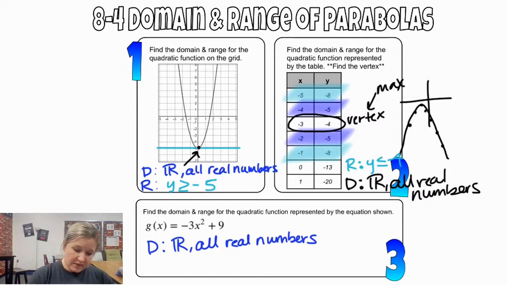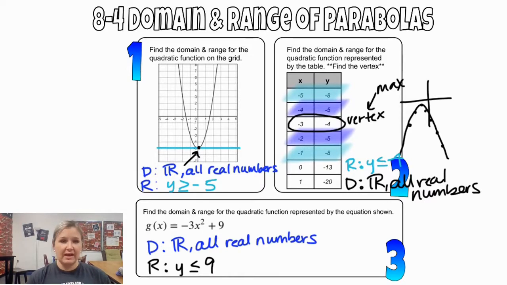And then the range, you can see it's going to be a maximum, so the range is y is less than or equal to 9. It goes up to 9 and then comes back down. And that is our quadratic function there.